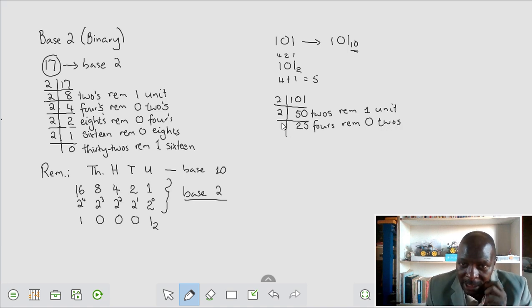Okay. Now we say, can we get 8s? Of course, 25 can give us 8s. That will be 12. 2 times 12 is 24. So therefore, we have 12 8s.